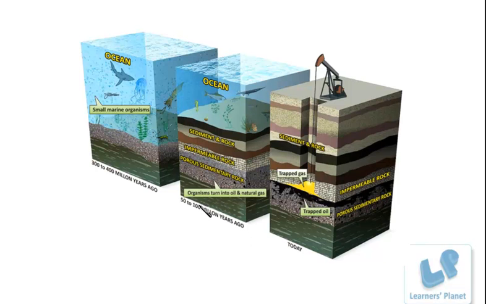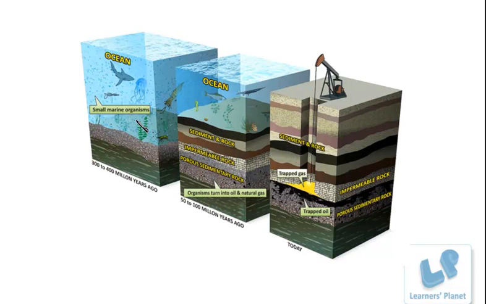Now these organisms were acted upon by bacteria or microorganisms, and they turned into oil. So today, this is the trapped oil, these are the trapped gases, and this is drilled, right?